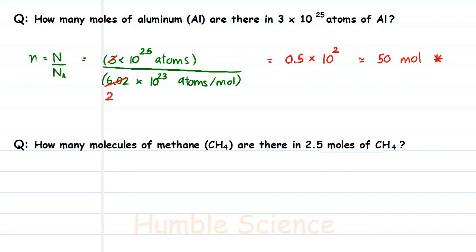The next question asks how many molecules of methane are there in 2.5 moles of methane. Again, we know that little n is equal to big N divided by Na. They ask for the number of molecules, which is the big N. So we can convert this into big N equal to little n times Na.